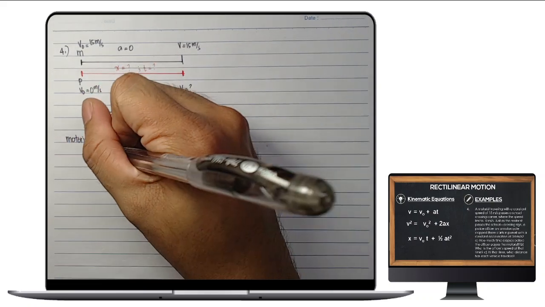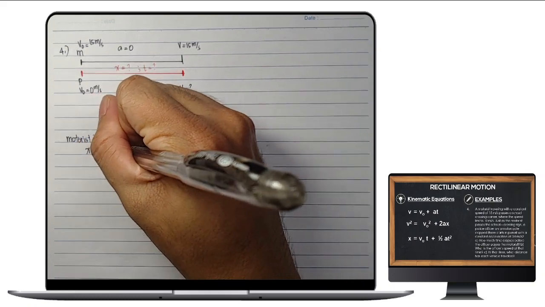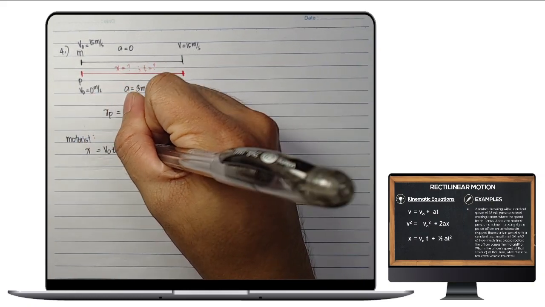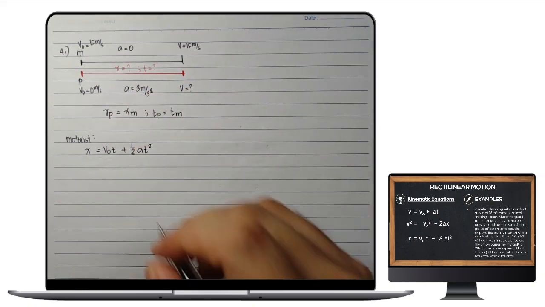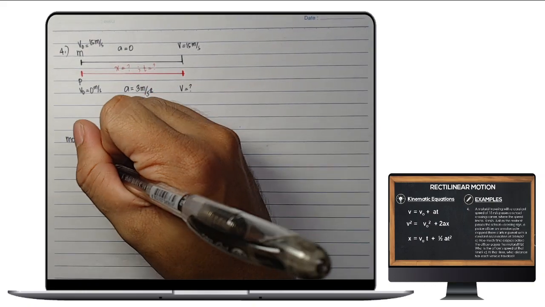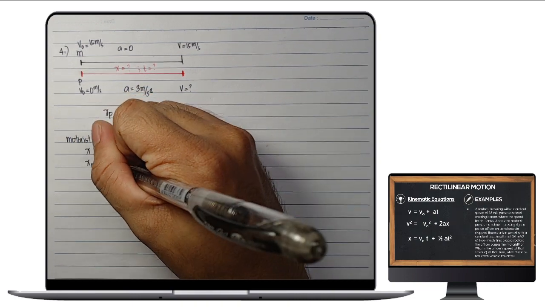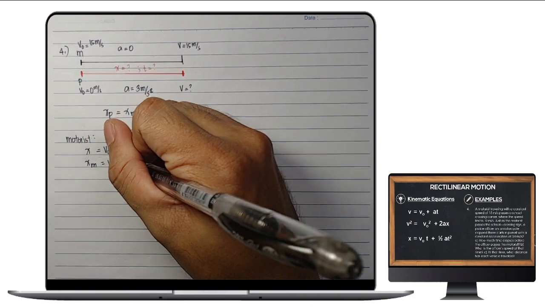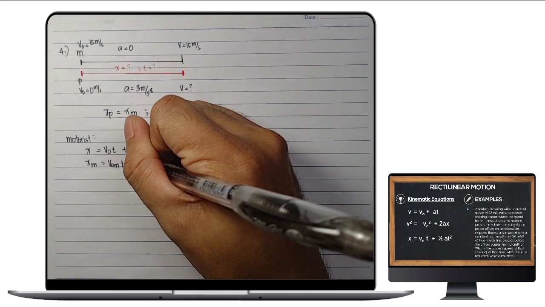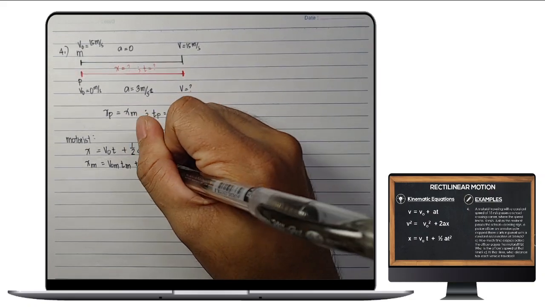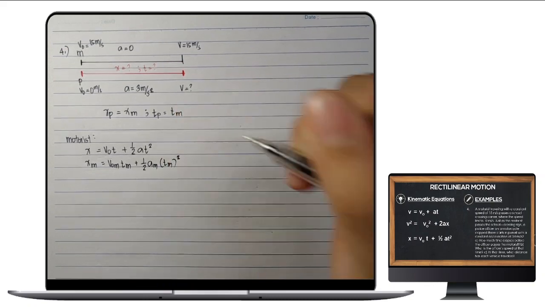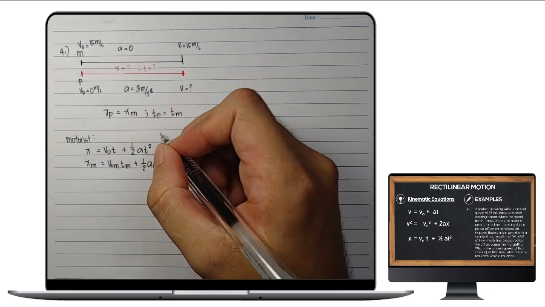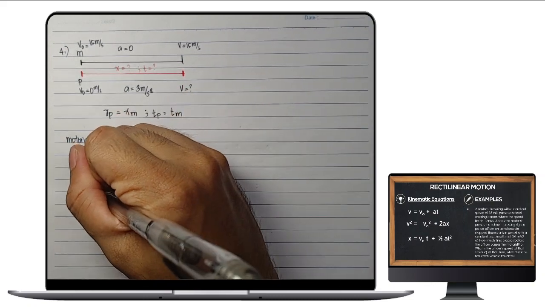Let's have x is equal to v0t plus 1/2 at squared. In this case, x of the motorist is equal to initial velocity of the motorist times time of the motorist plus 1/2 acceleration of the motorist times time of the motorist squared. Let's substitute first.